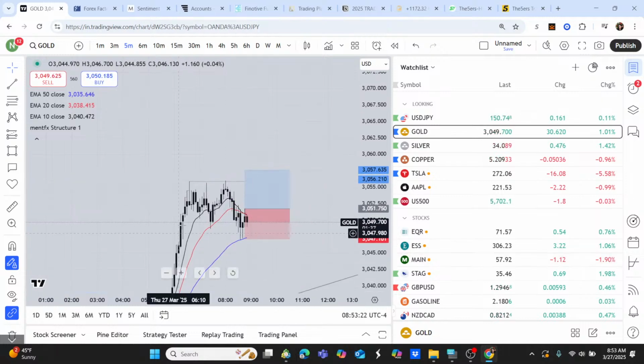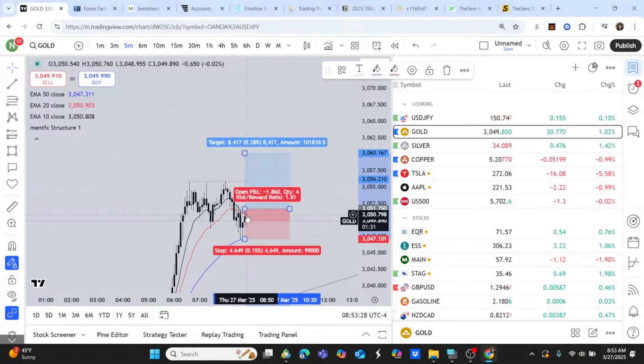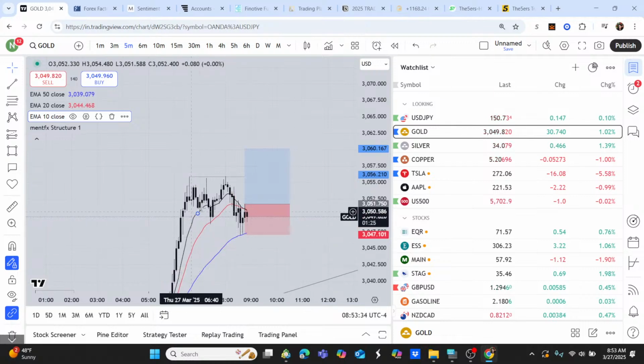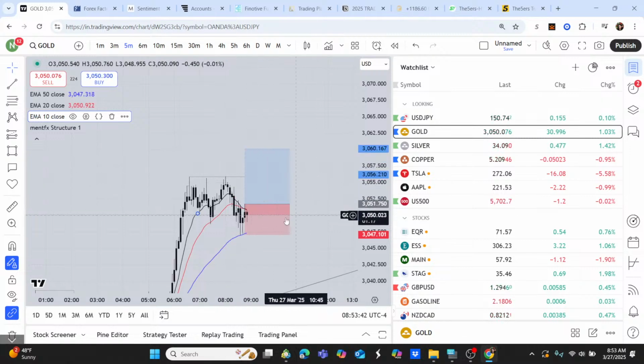These type of entries that are much lower, they can work out great in your favor. There's pros and cons to it. They can work out great because you're getting a lower entry within the range. Whenever you get a lower entry within the range, it's good because you have more room for price to play around as it goes up.